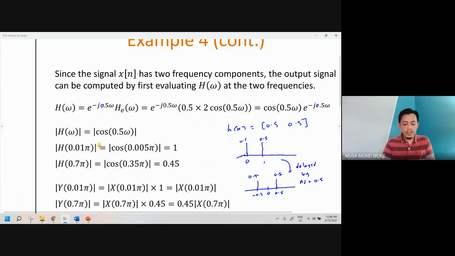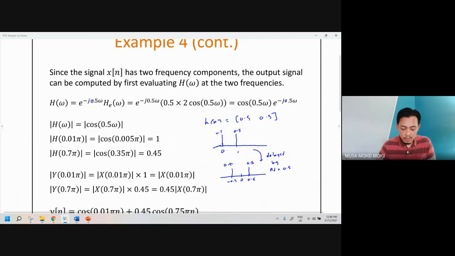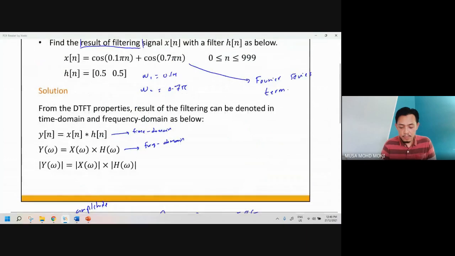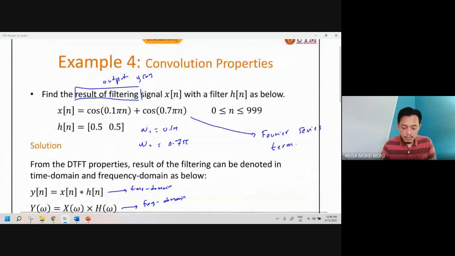So what is the magnitude? That's H(0.01pi). Wait, why is this 0.01pi? Let me look back at it.